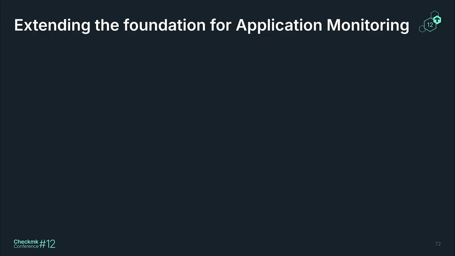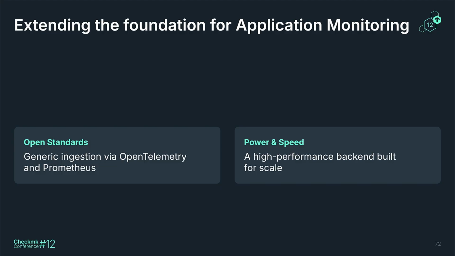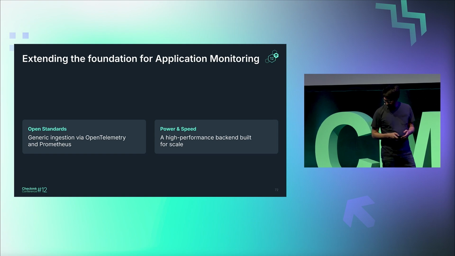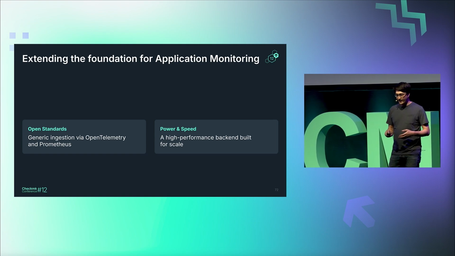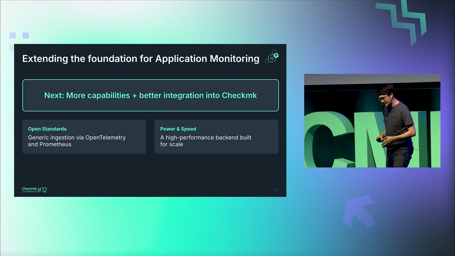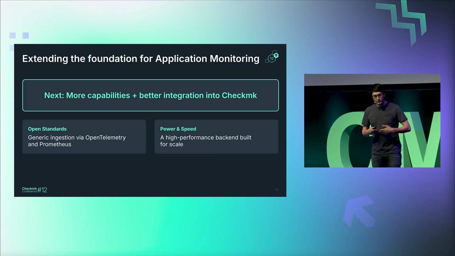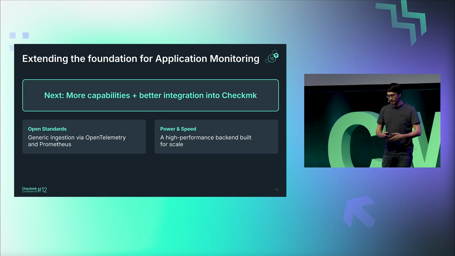We have now generic ingestion mechanisms for both OpenTelemetry and Prometheus, and we have ClickHouse as a high-performance backend, which is perfect for handling metrics at scale. And I think that's a really great foundation to build on and improve further on. And that is the main goal in the area of application monitoring for us, that we introduce more capabilities and improve the integration into Checkmk.